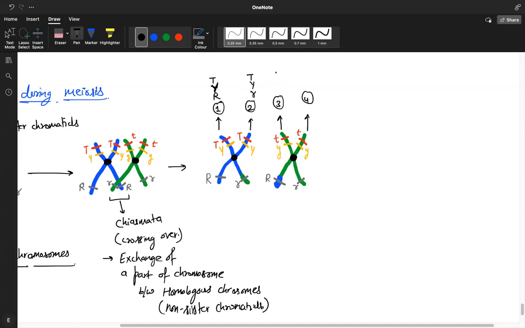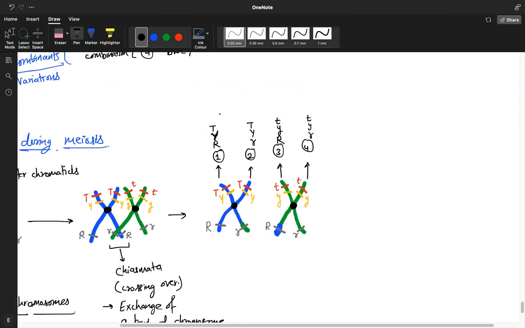The third one will have small t, small y, and capital R. Parent or recombinant? Recombinant. And this is small t, small y, small r. Parent or recombinant? Parental. So you see that 1 and 4 are parental types, which is called non-recombinants. No recombination is there.